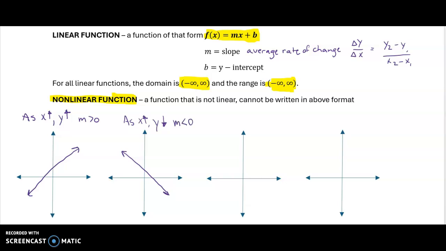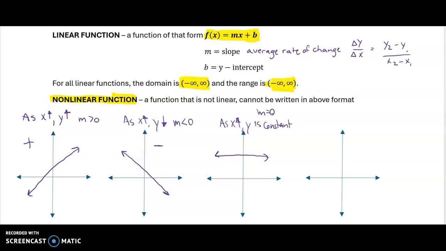So we have a positive slope example and a negative slope example. I could have a line that goes like this. It's horizontal. So that means every x value I put in, my y value is always going to be the same. So as x increases, y is constant. If this is the case, your m is equal to 0.